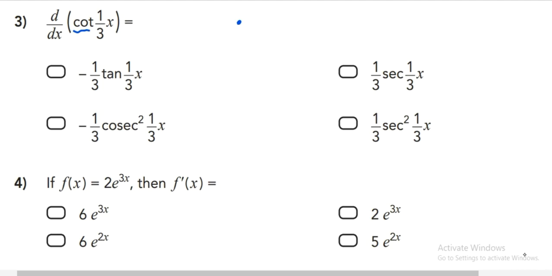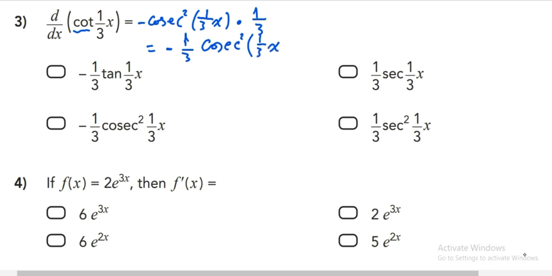Differentiation of cotan is negative cosec square for this angle, multiplied by differentiation of this angle, which equals 1 over 3. By modifying the form, it will be negative 1 over 3 multiplied by cosec square 1 over 3x. This is the choice, and this is the answer.